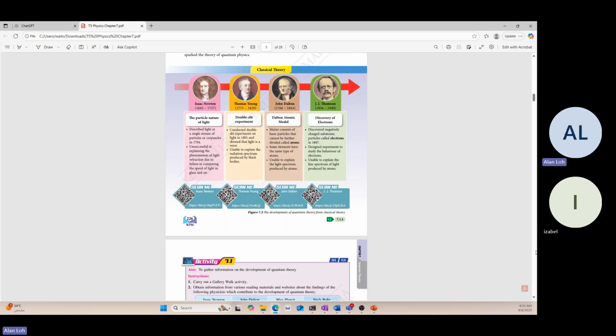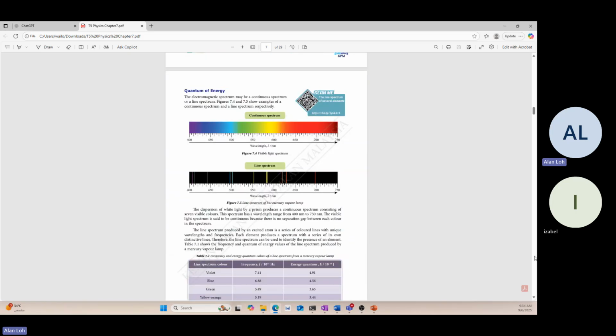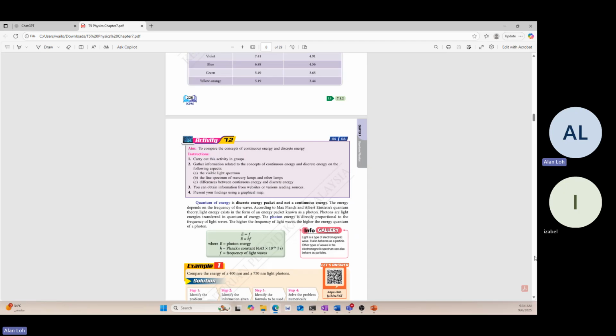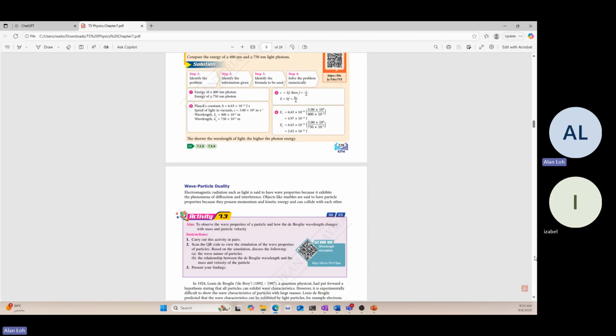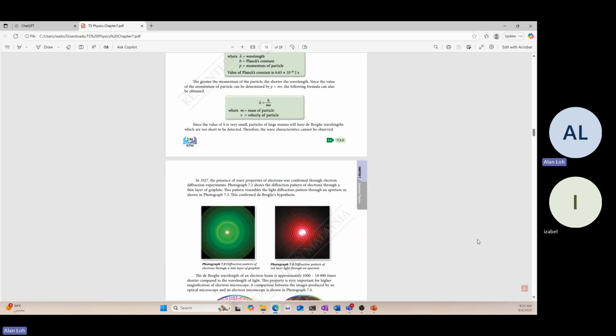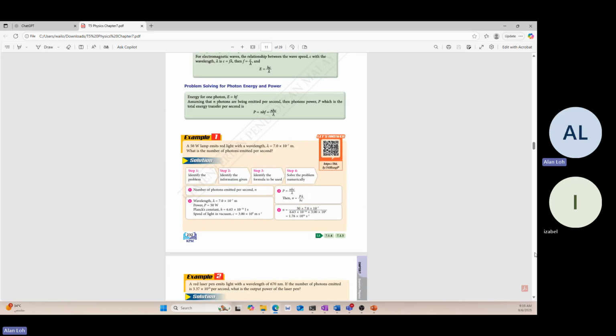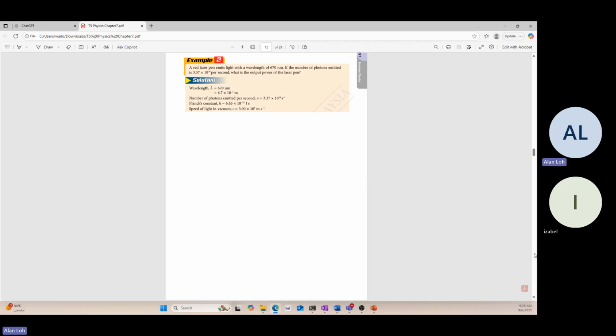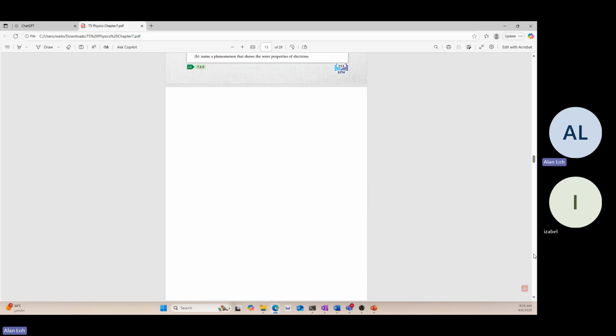Then you have the scientists, quantum energy, the photon, wave-particle duality. So you have some experiments, some exercises and practice.